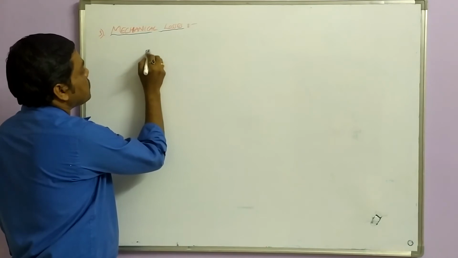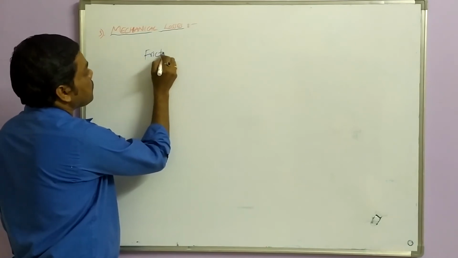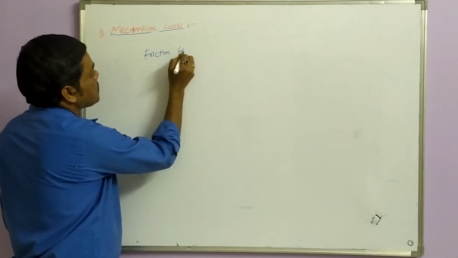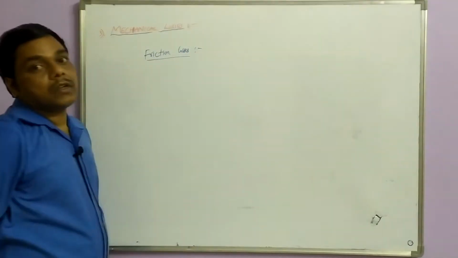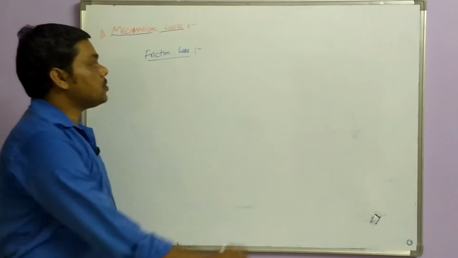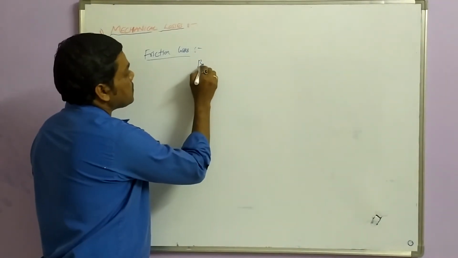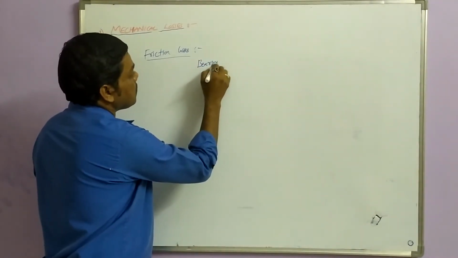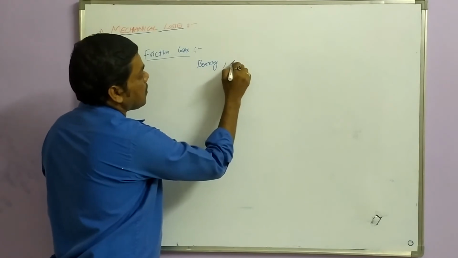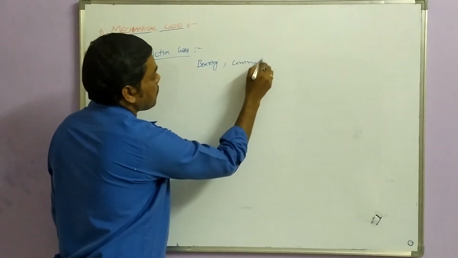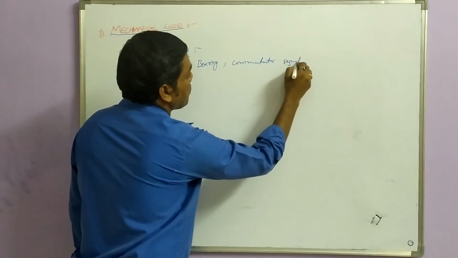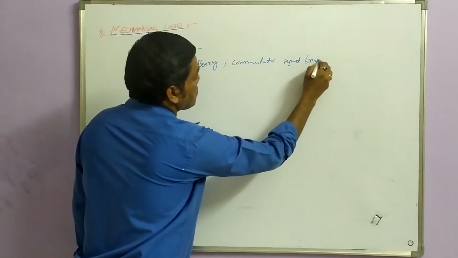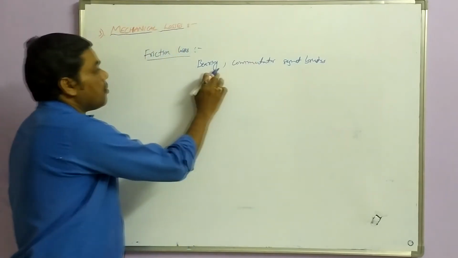The first one is friction losses. Friction losses are basically due to the bearings and the commutator segments and brushes.